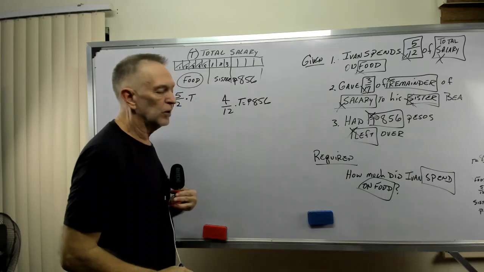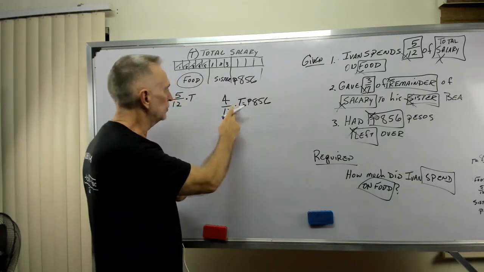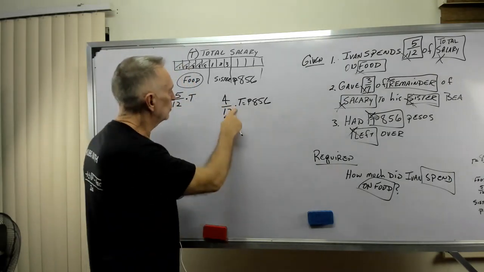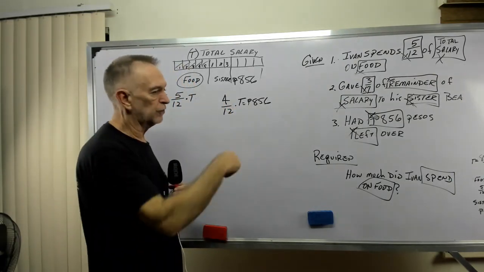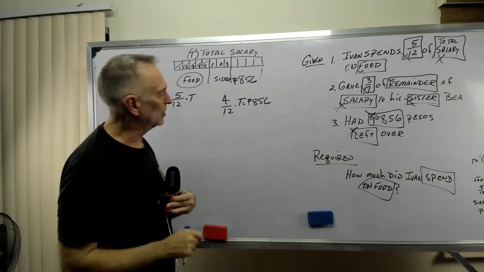Well, I don't want to know what 4/12 of T is. I want to know what T is. Now, you'll notice I don't put an X for multiplication. I put a dot. It just kind of cleans things up a little bit.